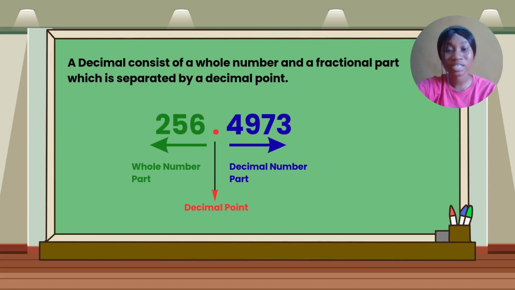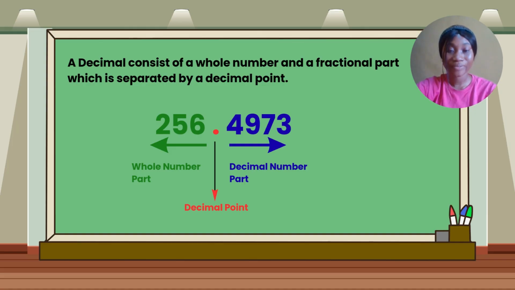I want you to pay attention to how I called this number. I said 256.4973. I did not call that number together. I did not say 4,973. Instead, I called them individually. I said 4973.